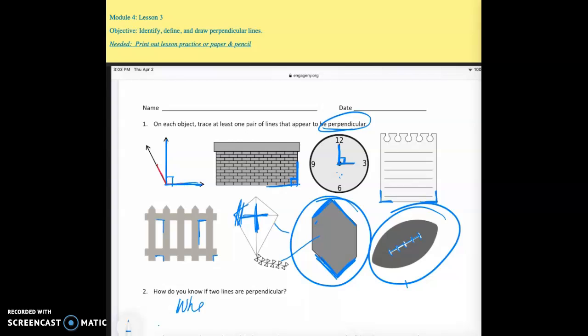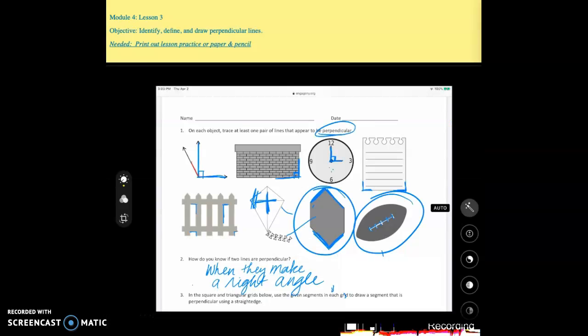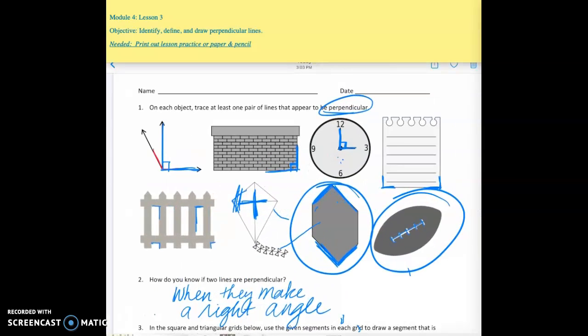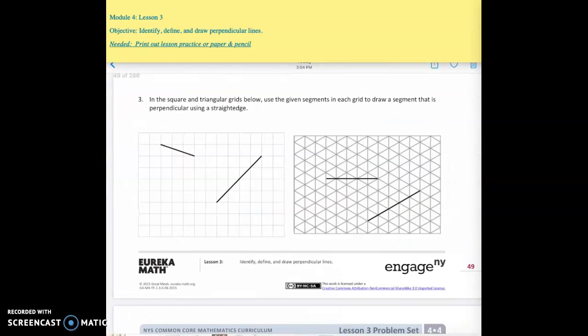If or when they make a right angle. Wow, if you guys thought I had sloppy handwriting before on the whiteboard, you can be thankful when I do write on the whiteboard, because this is definitely sloppy.